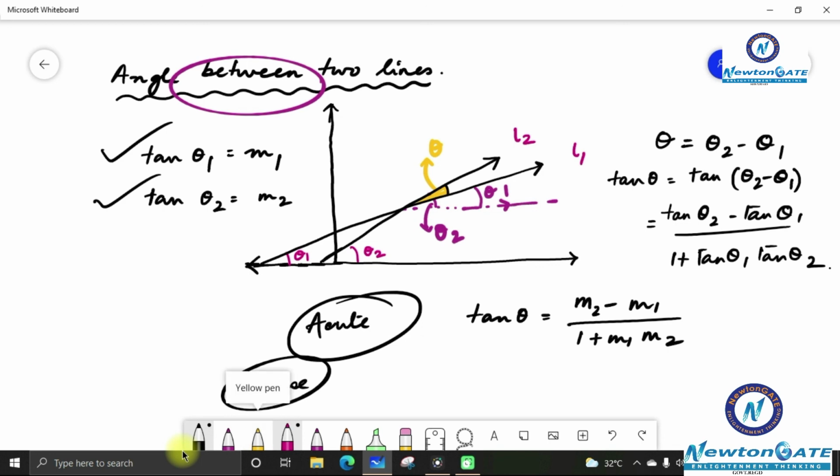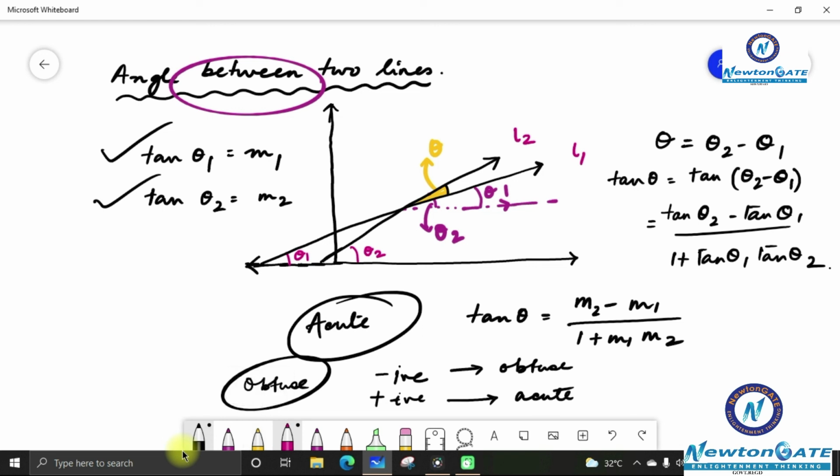So when the angle between the two lines is obtuse, we have a negative sign, and when it is acute, we have a positive sign. So this is for the obtuse angle between the lines, and this is for the acute angle between the lines.